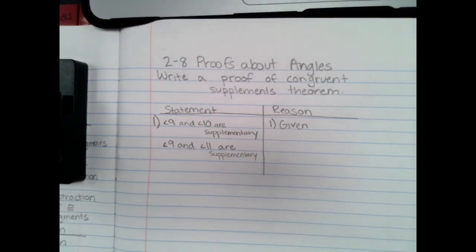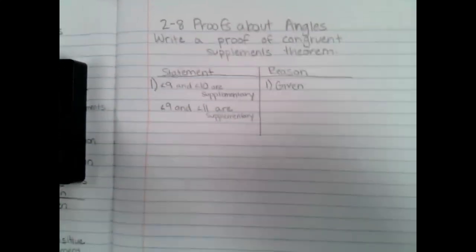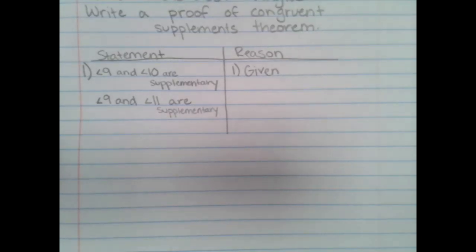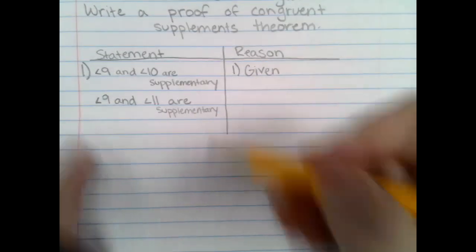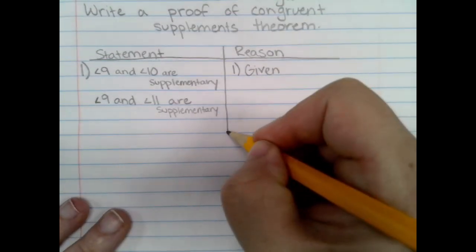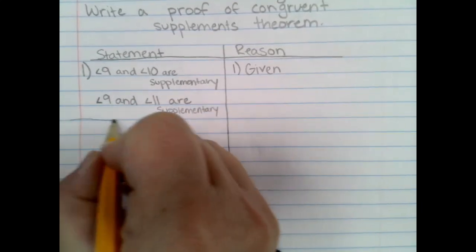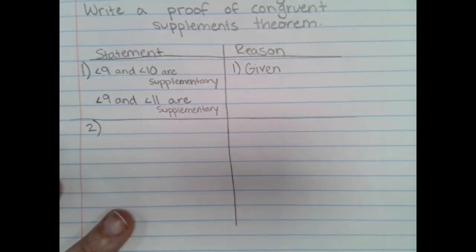What we're trying to prove is that angle 10 and angle 11 are the same, that they're equal. So this is going to be about a 5-step proof. Got 1 step done. So based on just this information, what's the next thing that we can say that we haven't said yet? What does that word supplementary mean?